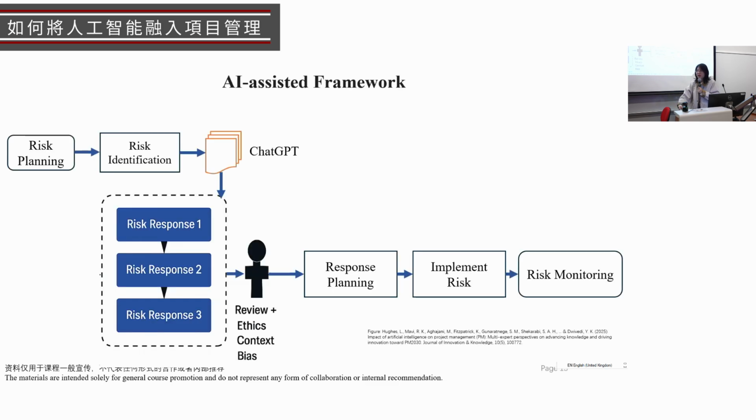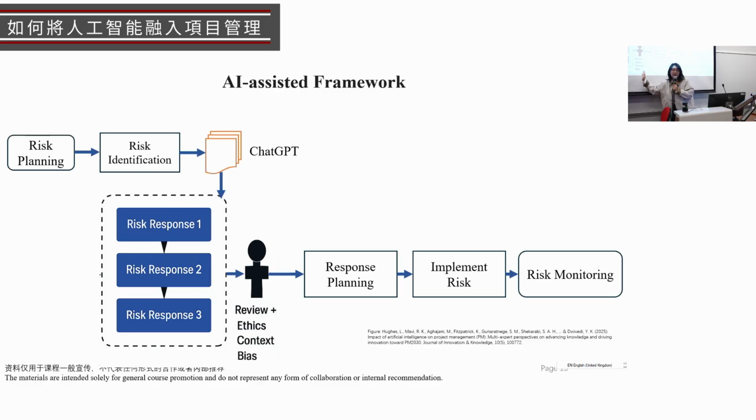But nowadays, how can we integrate AI into this traditional framework? You can say the risk planning and risk identification are the same, and these two parts are also the same, okay? The main part is that we will let our risk documentation use some AI tool to help us broaden our thinking. And then we will incorporate human review to decide on the AI's results.